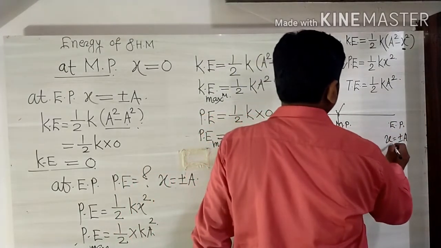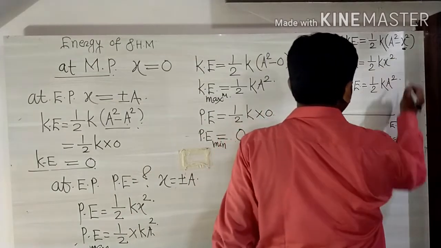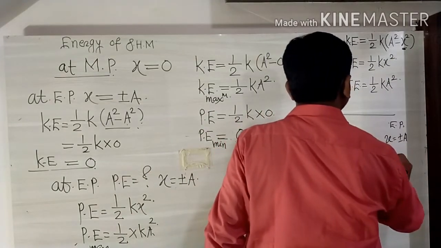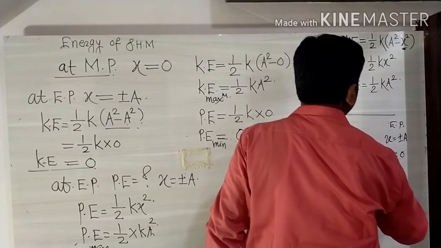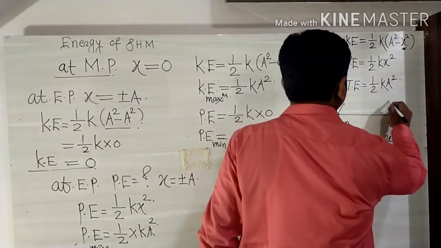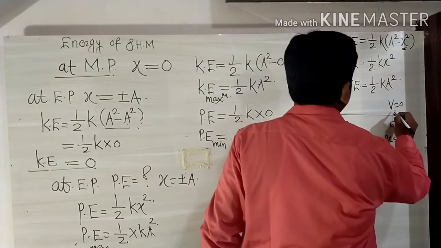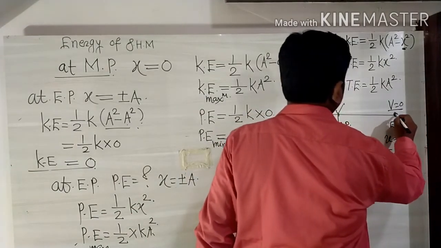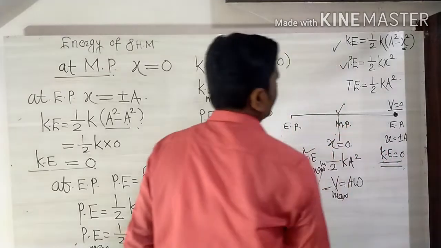So by putting that instead of x, we get kinetic energy equal to 0 at extreme positions. We know that velocity at extreme position is 0, the minimum. So that's why kinetic energy is 0.